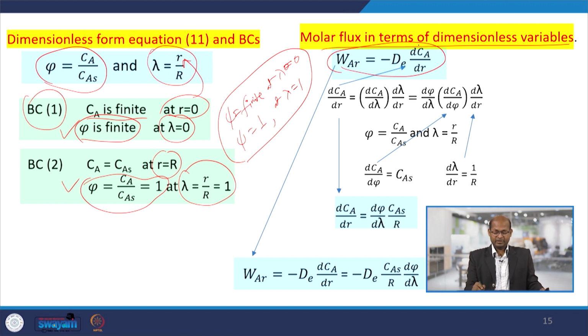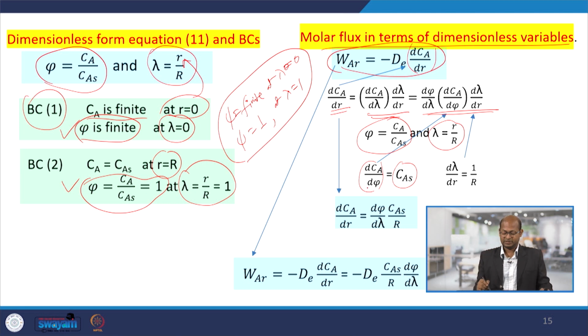So dCA by dr we first change into dimensionless form, multiplying and dividing different components. Now psi equals this and lambda equals this.